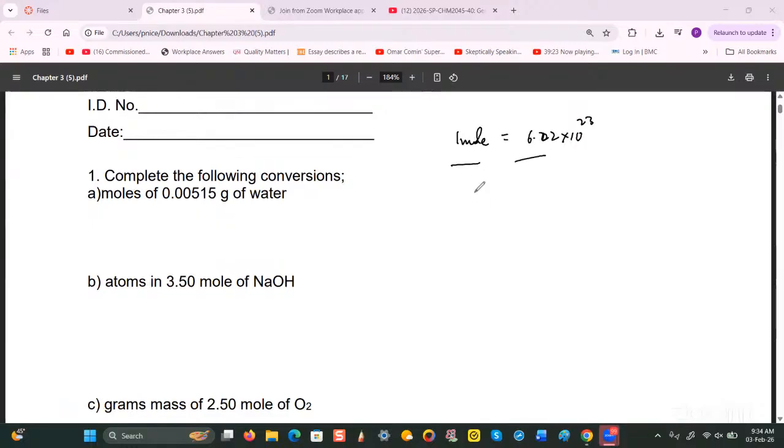Now, another thing that we need to remind ourselves of is what is called the molar mass, right? And the molar mass is the mass in grams of 1 mole of a substance, right? That's the definition of the molar mass, all right?